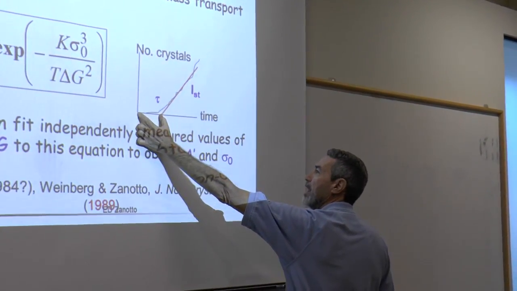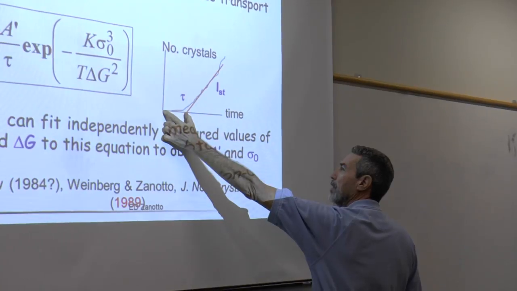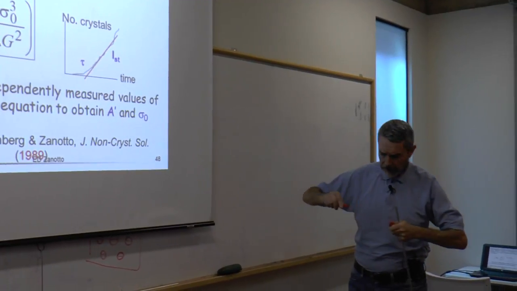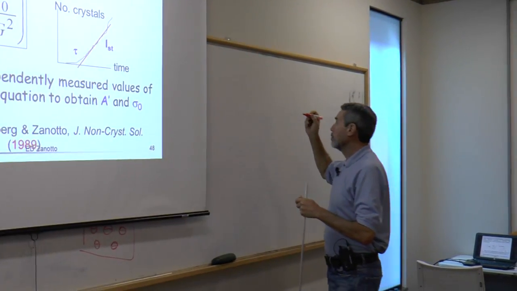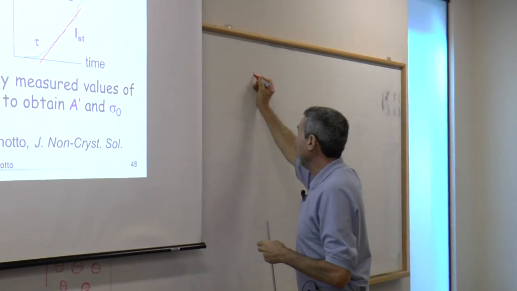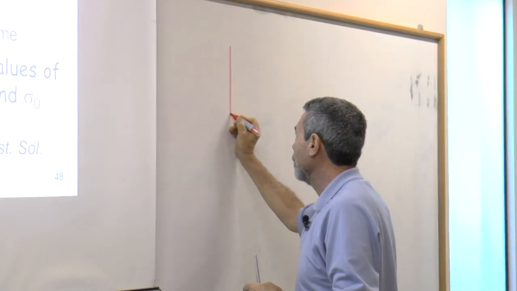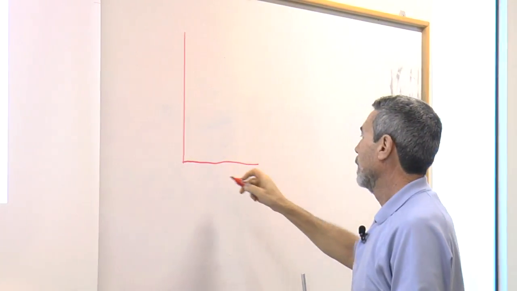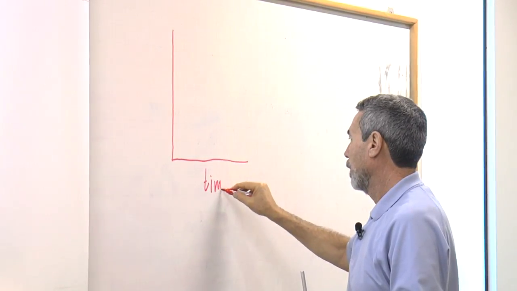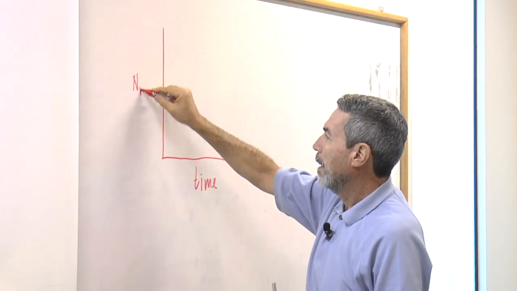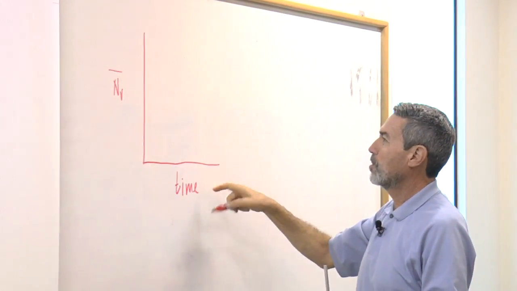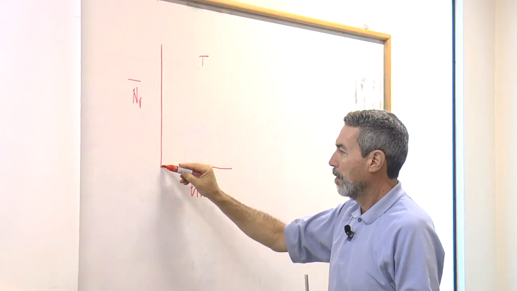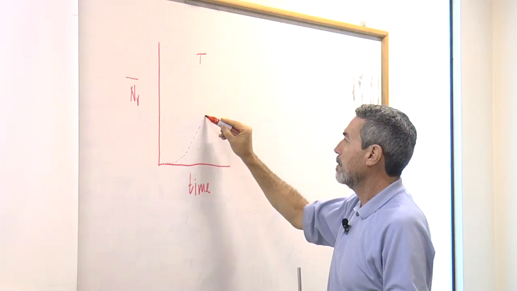It's very, very complicated to get the real induction times. We know now, and I do not have time to explain all the details, but believe me, we, and by we I say the crystallization community, is aware that when we plot the average number of crystals versus time for a particular temperature, we get something like this.